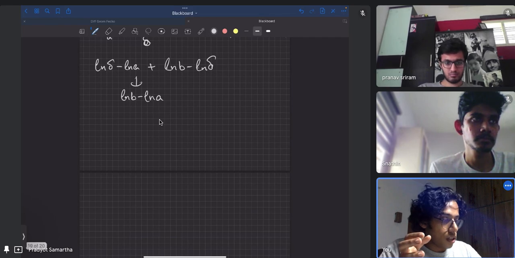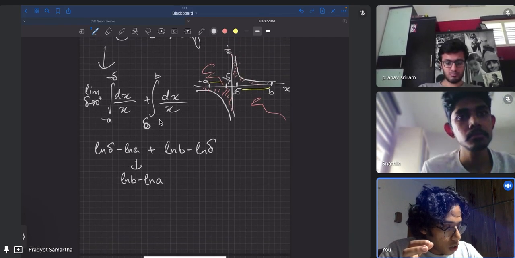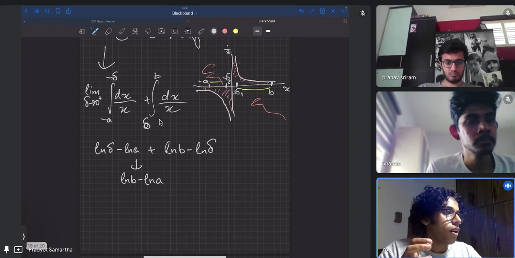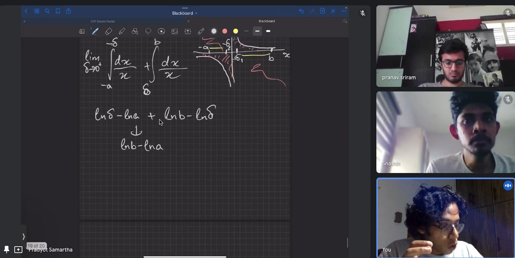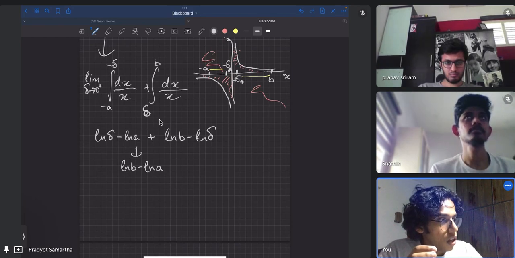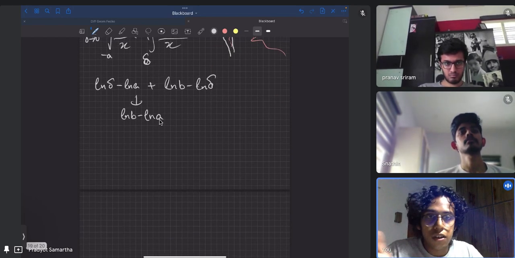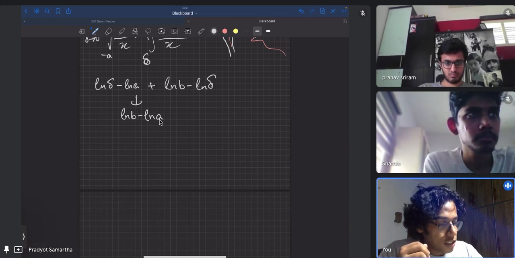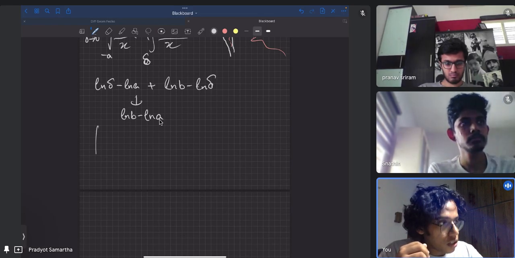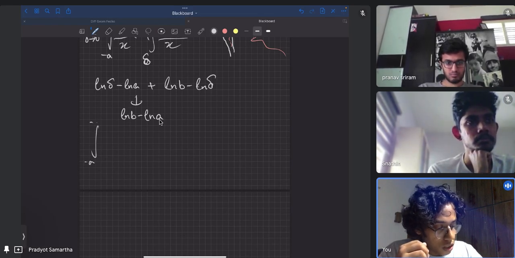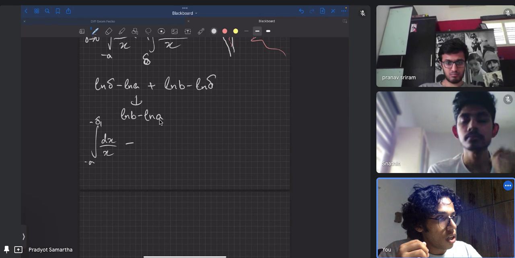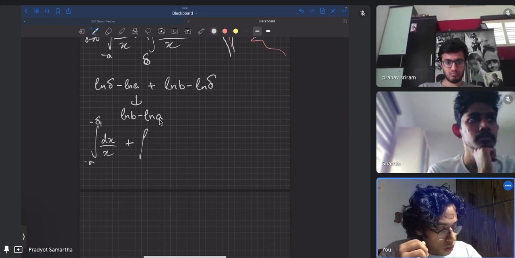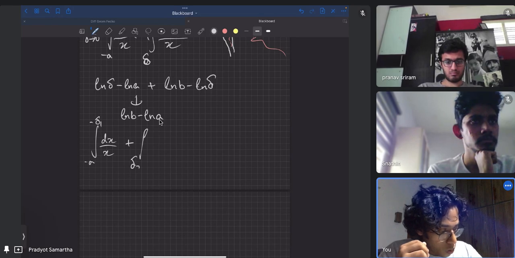Let's call this delta 1 and this delta 2. It's just a matter of convention, it doesn't really matter, we're just trying to prove a point here. So let's take this as the integral from minus a to minus delta 1, plus the integral from delta 2 to b of 1 by x dx.